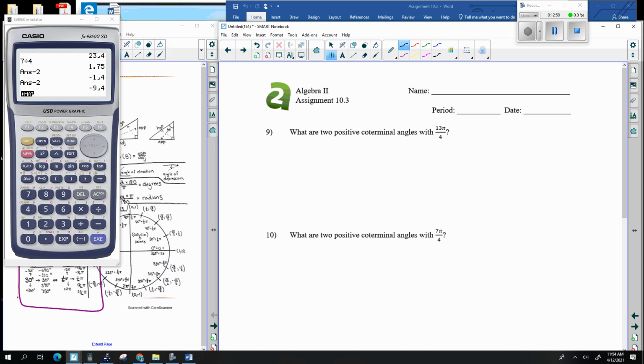Okay, so here they give me 13 pi over 4. All right, so 13 over 4 times 180 is the same thing as saying 585 degrees. Those are the same thing. So 13 over 4, let's go ahead and add circles to it. So plus 2.